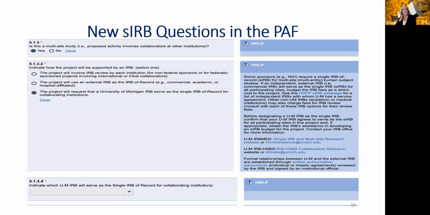And so what will happen during the proposal preparation process is that the IRBs will get a report from the system that tells us, for example, whether you have indicated that Michigan will serve as the IRB of record. And if we have not already had a conversation with you about that possibility, we will reach out to you or to the investigator to find out what the plan is for the project.